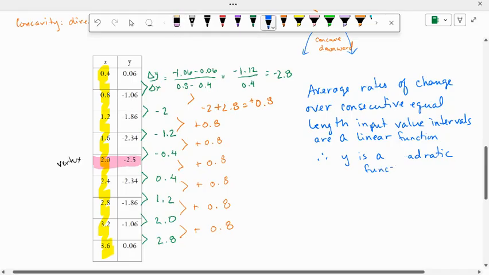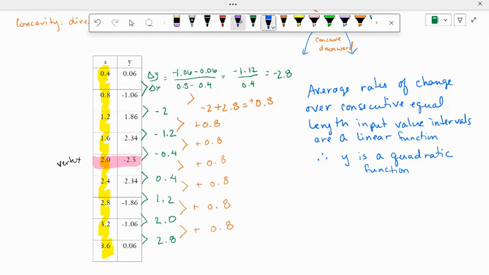But the other thing that I should notice is that my rates of change are increasing.